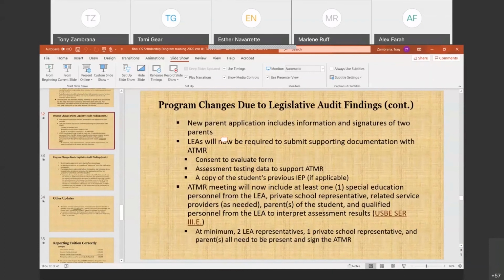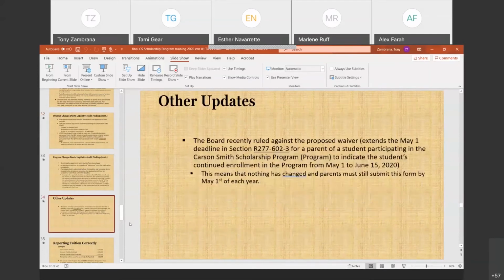You may have a special education teacher and a school psychologist. I believe the districts often have 1 district person that's over the program, and then they would have a school psychologist. So there has to be two separate people, and they really can't fill both roles. Does that make sense? You still have to have two people, two warm bodies. Okay, let me get back to the slide that we were on.